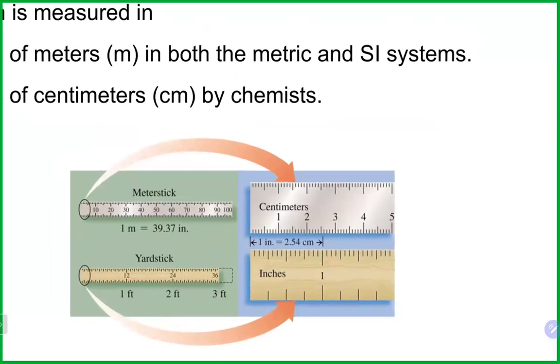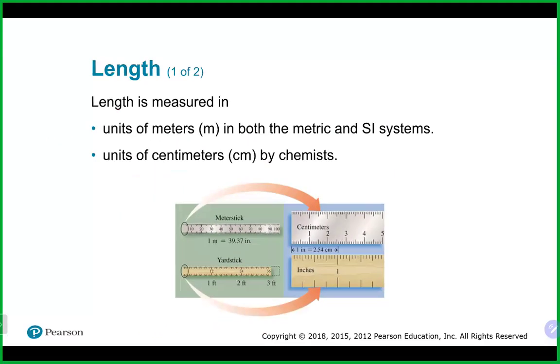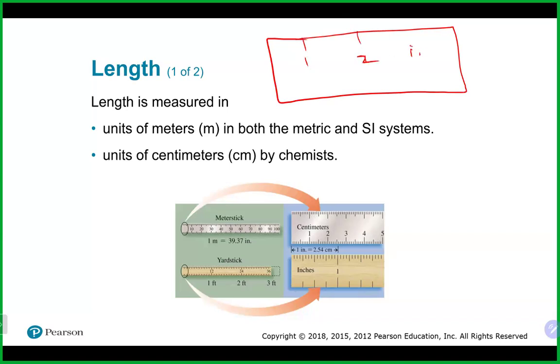So when we look at a ruler, for example, just a normal basic ruler, up on top we have these numbers, right? And these are inches. On the bottom we also have some numbers, which are centimeters on the bottom of a typical ruler.